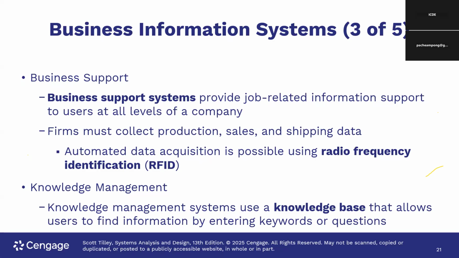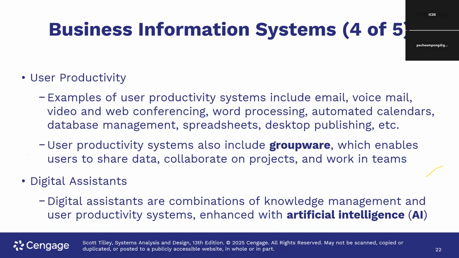Okay, then let's proceed. Knowledge management also is used as a knowledge base, and it allows users to find information by entering keywords or questions and the like. Okay, we also have user productivity. Examples of user productivity systems include email, voicemail, video and web conferencing, word processing, automated calendars, database management, spreadsheets, desktop publishing.